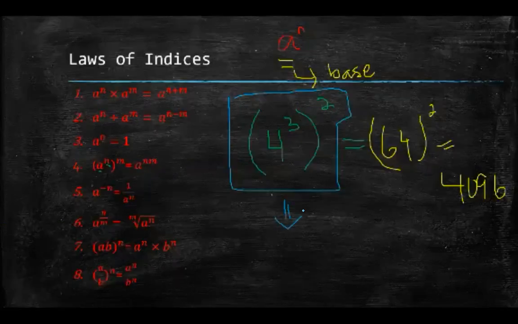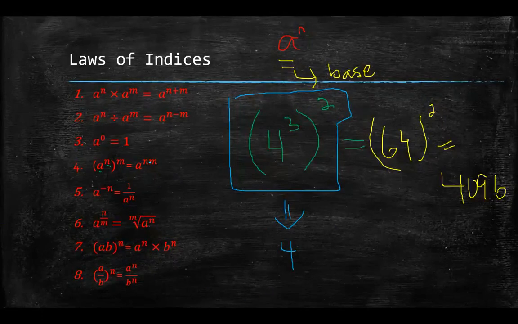According to this rule, this right here is the same as 4 to the power of n multiplied by m. So n in this case is 3, m is 2. 3 times 2, that's 6. So what does this rule tell me? When I punch into my calculator 4 to the power of 6, I'm supposed to get this same answer here, the 4,096.